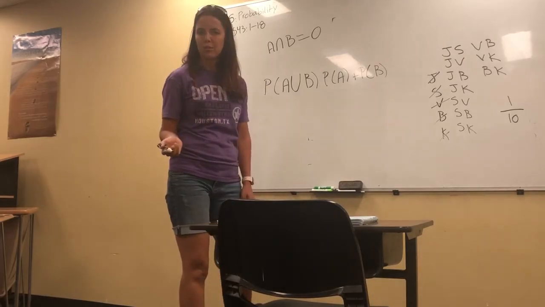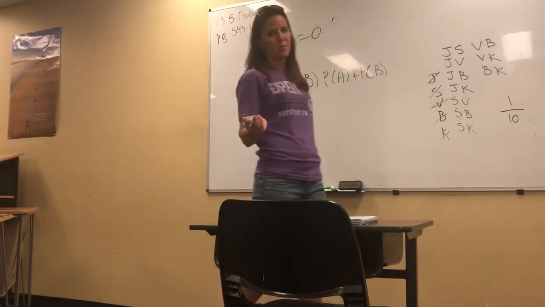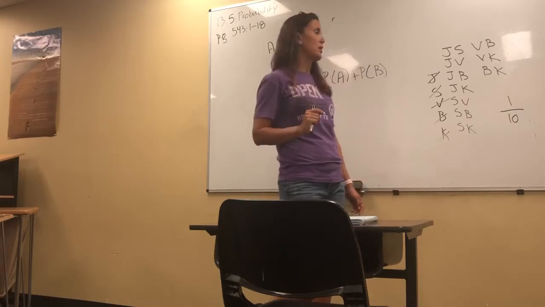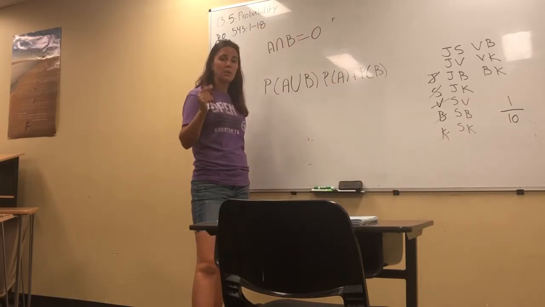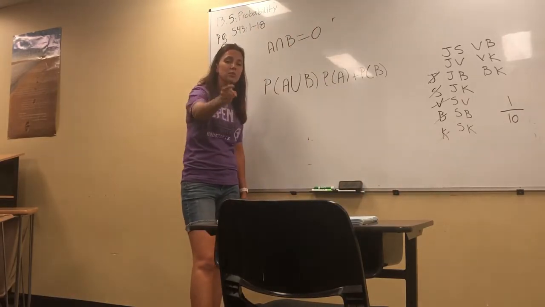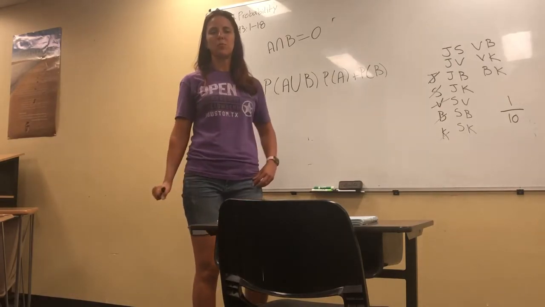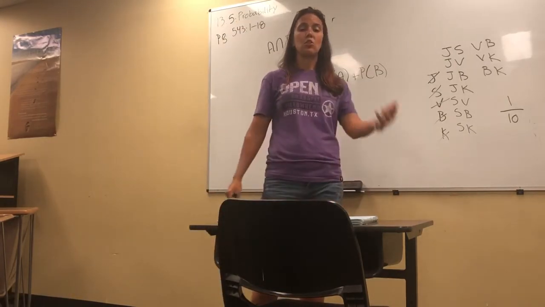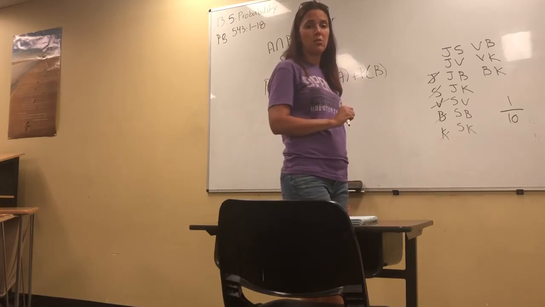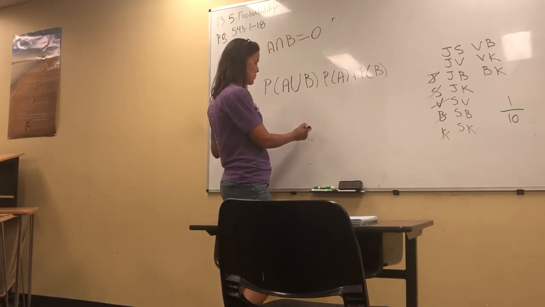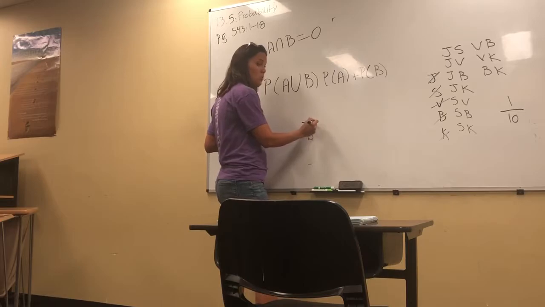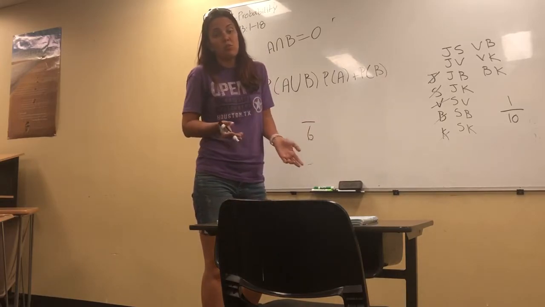I like the number 3 and the number 5 because they're prime numbers. 1 is 1, so it doesn't really count as a prime number. So I'm going to say, you know what, Brinley, roll me a prime number. And so you have to figure out what are the odds that you're going to roll a prime number. Well, there's 6 possibilities, right? And they're mutually exclusive. If you roll a 3, you did not roll a 5.